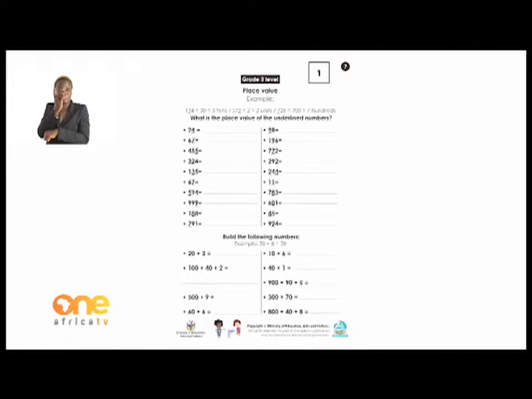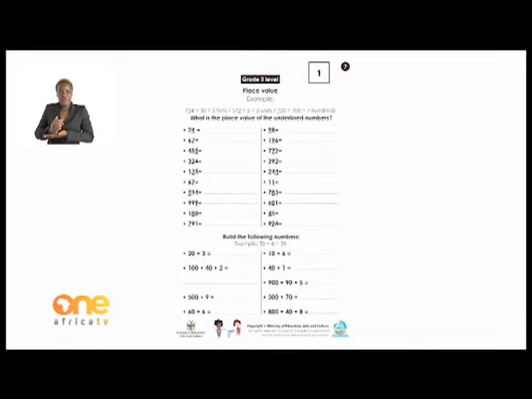The 7 is underlined, but what place value is that? It's the units, so you write units there. I would like you to complete the rest of the activities by writing the correct place values next to each number.